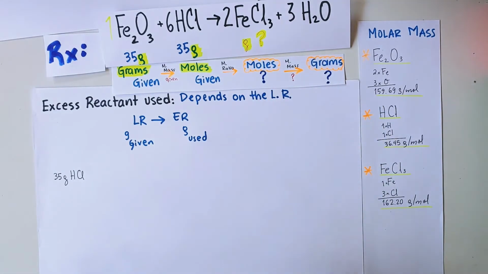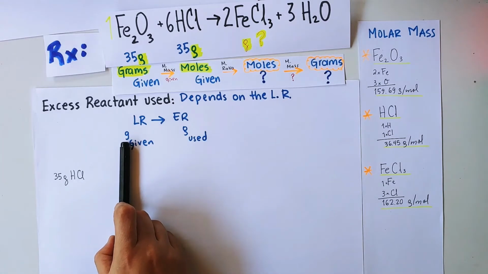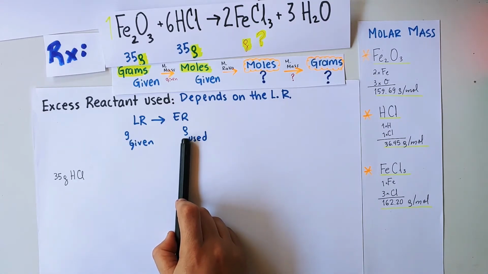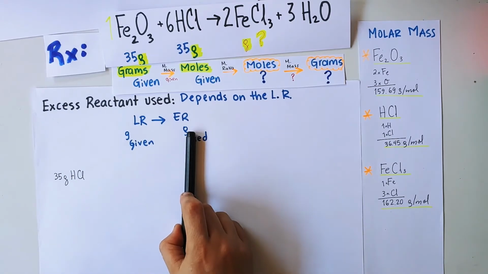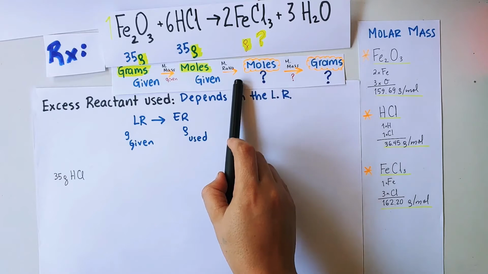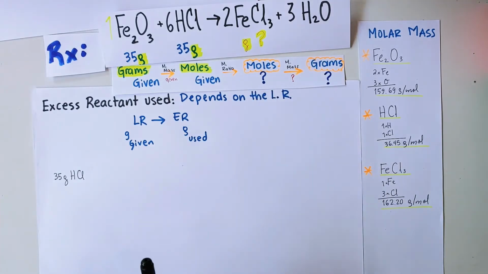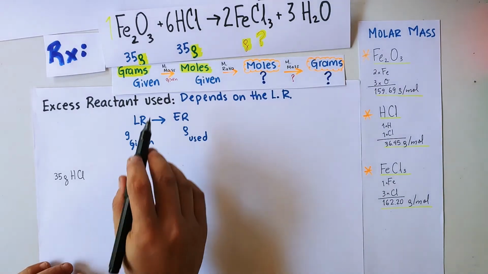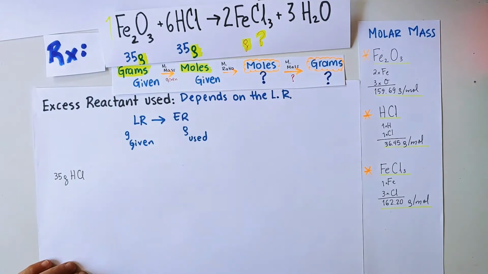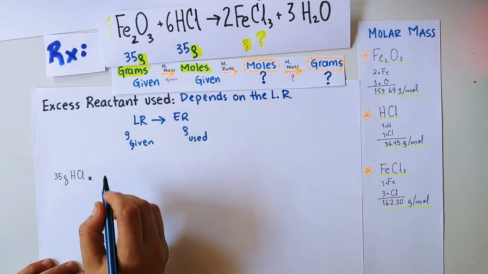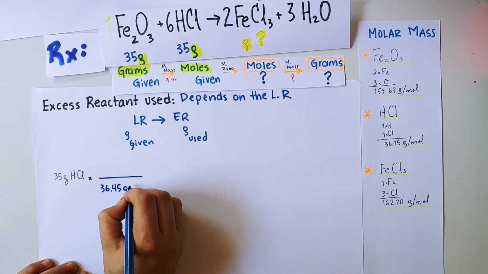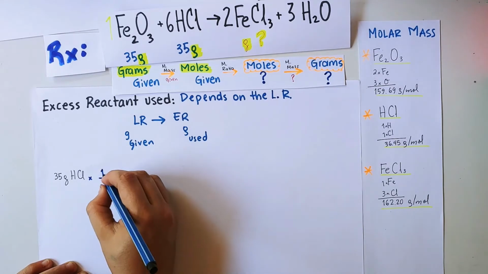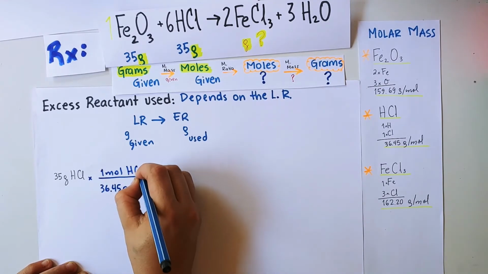And why from grams to grams? Because you have grams given and you need to know the grams used. So you need to keep using the path for grams to grams stoichiometric conversions. I need to use the molar mass of the given, that is 36.45 grams of HCl that you have in 1 mole of HCl.